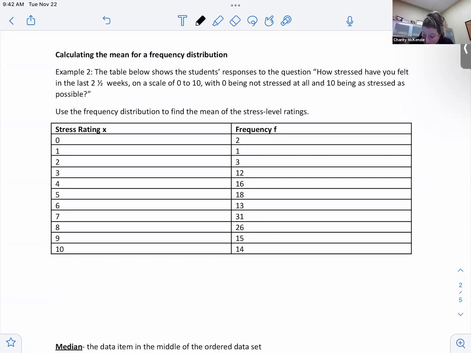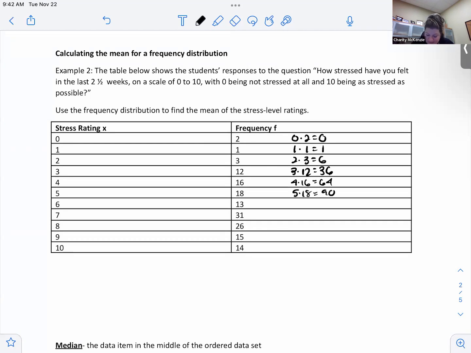So 0 times 2 is 0. 1 times 1 is 1. 2 times 3 is 6. 3 times 12 is 36, right? Now I second guessed myself. Yes. And then 4 times 16 is 64. 5 times 18 is 90.